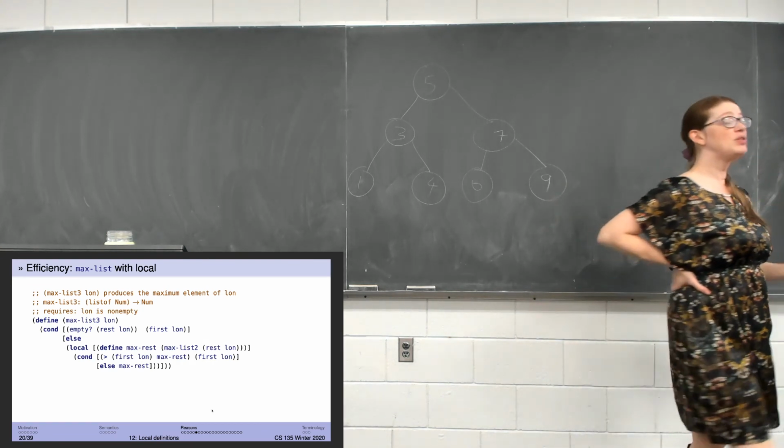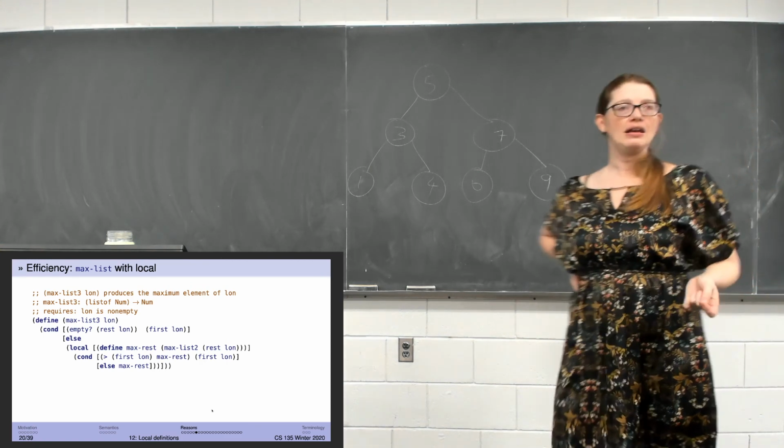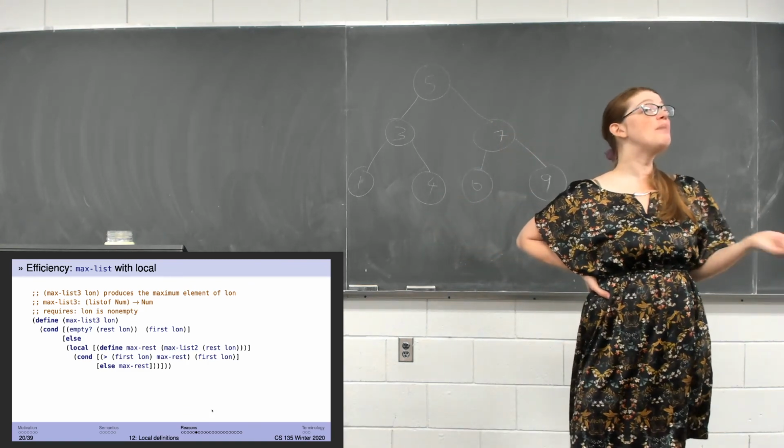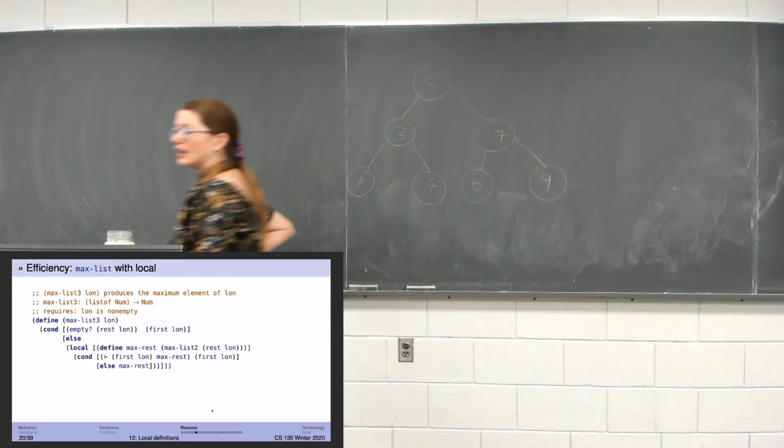And then once I've computed that result, I use it in the body of the local, and I check, is the first of the list bigger than the pre-computed rest? If so, produce first. Otherwise, produce the pre-computed value. We take it from 2 to the power of n to n, all by using a local, just to store that pre-computed value. That's a very powerful thing.